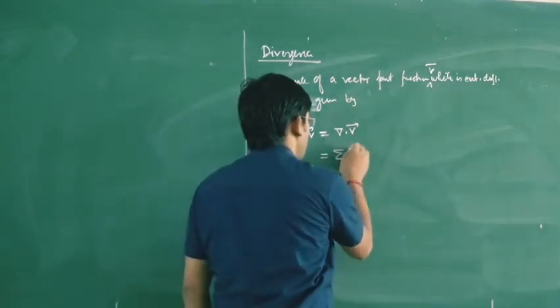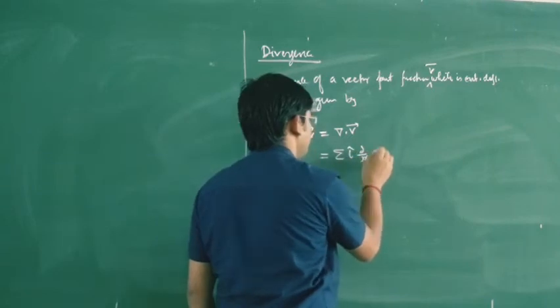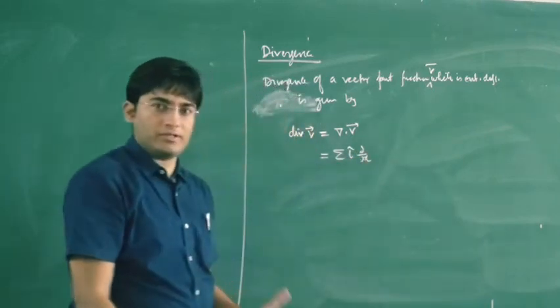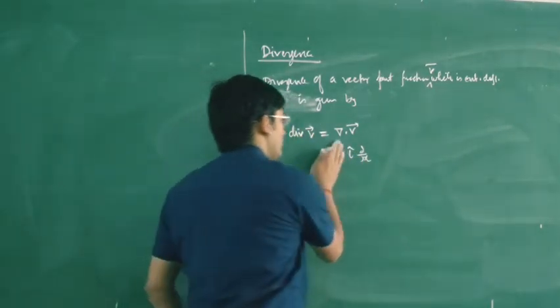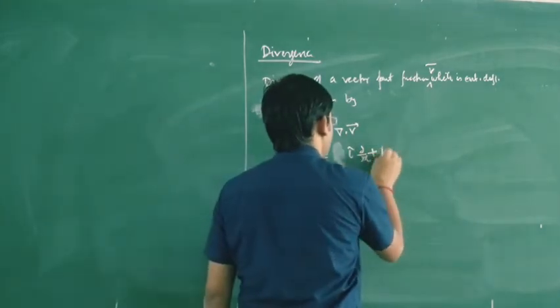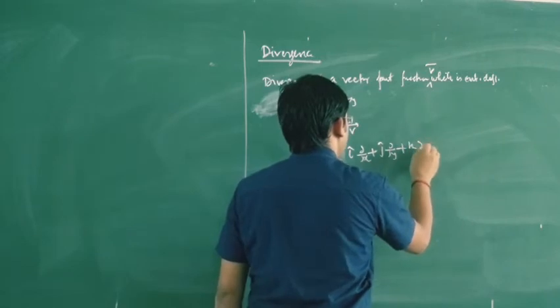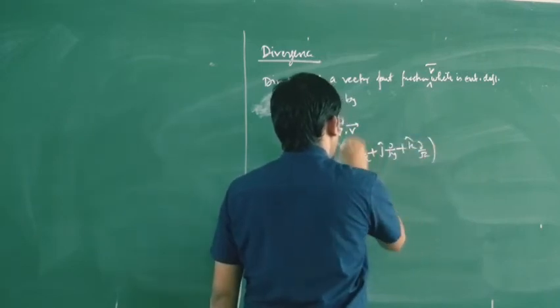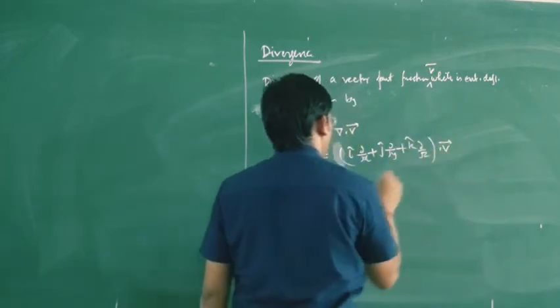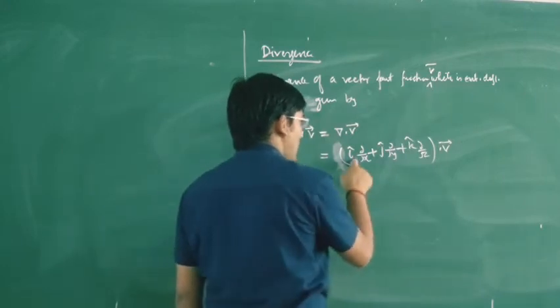The value of del is i del by del x plus j del by del y plus k del by del z. Outside we have v. So this is equal to summation i dot del v upon del x.